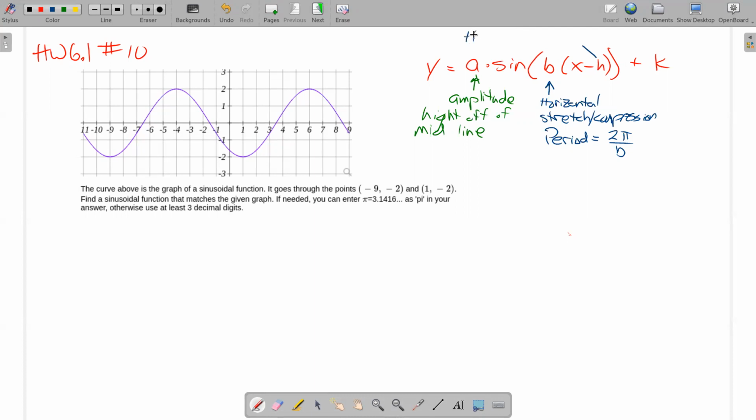So that is a horizontal shift, or phase shift. And K here is a vertical shift. And we call that the midline.